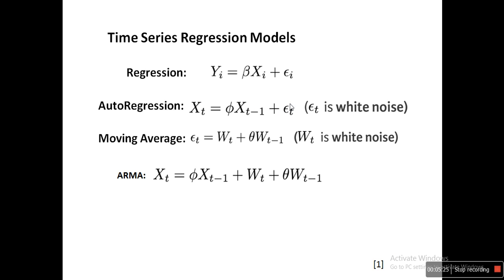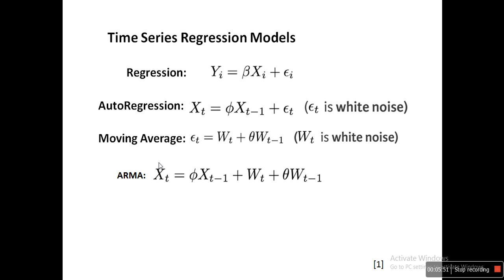Here the white noise can also be predicted with the errors of the previous data, as a linear combination of the previous errors.